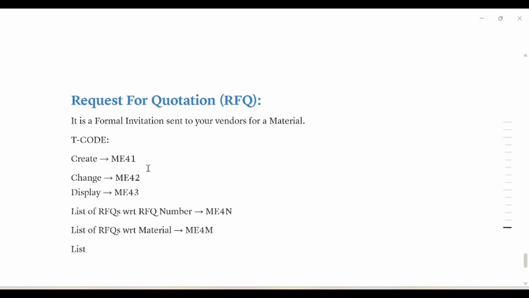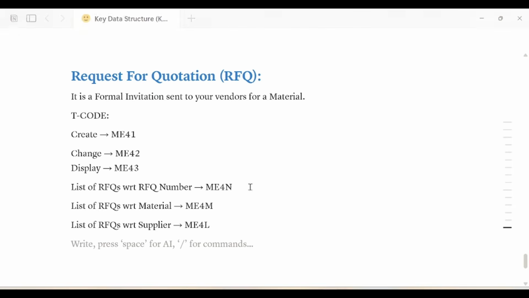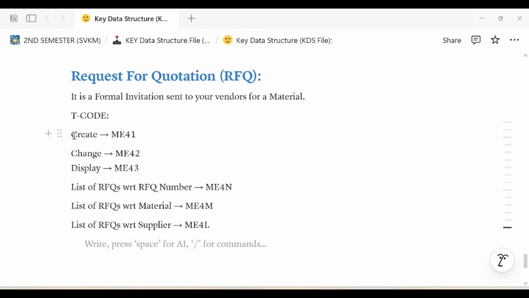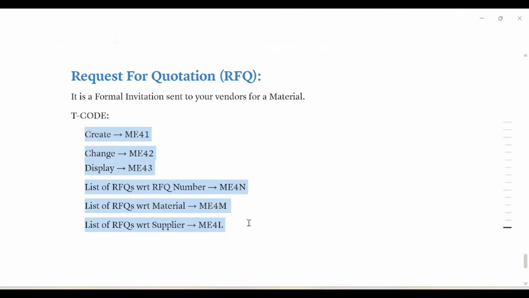Similarly, for a list of RFQs with respect to supplier or vendor, use ME4L. So these are the T codes you will use to create RFQ.